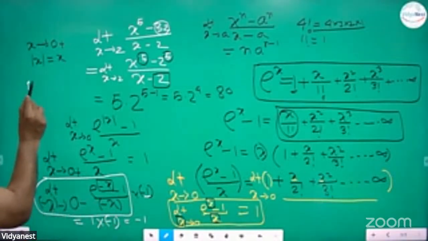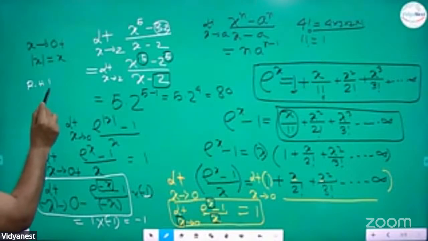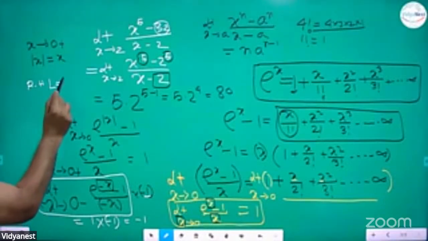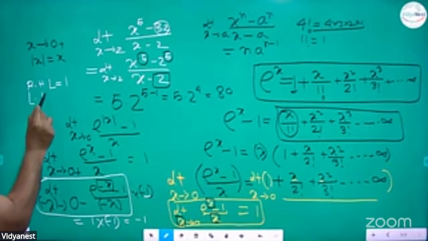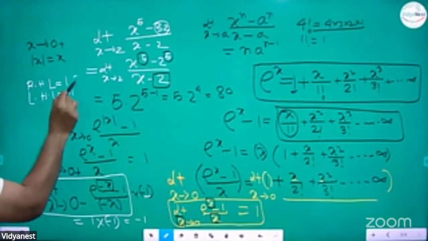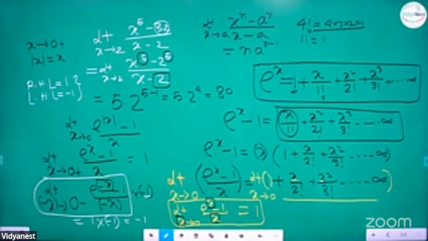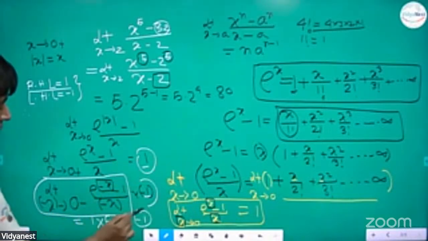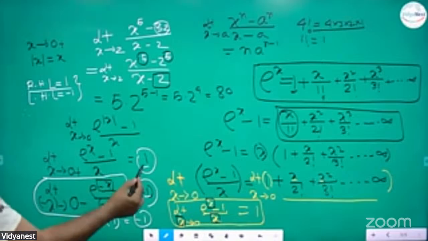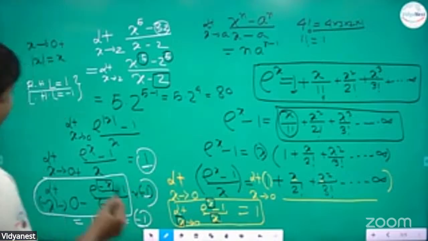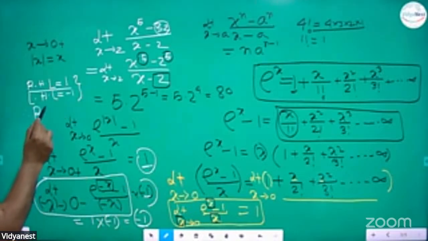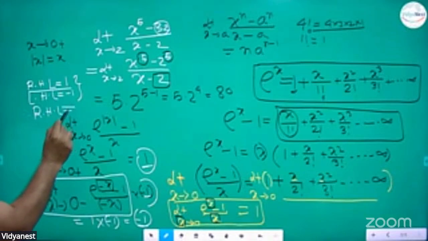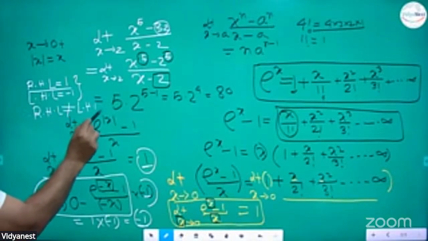So, right-hand limit 1, left-hand limit minus 1. Are they equal? Are the right-hand limit and left-hand limit equal? No, not equal. This is plus 1, this is minus 1. So, the right-hand limit is not equal to the left-hand limit in this case.